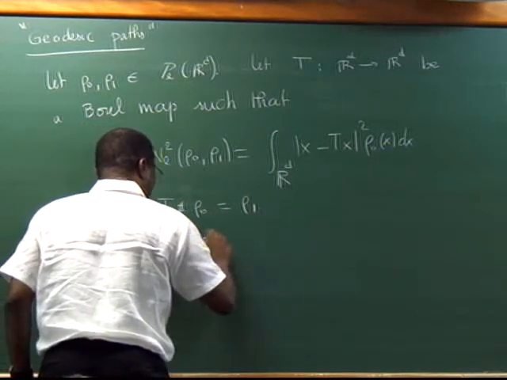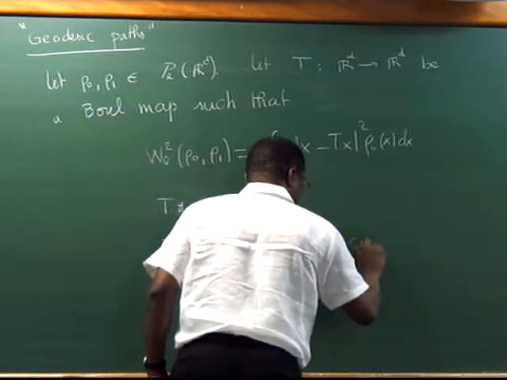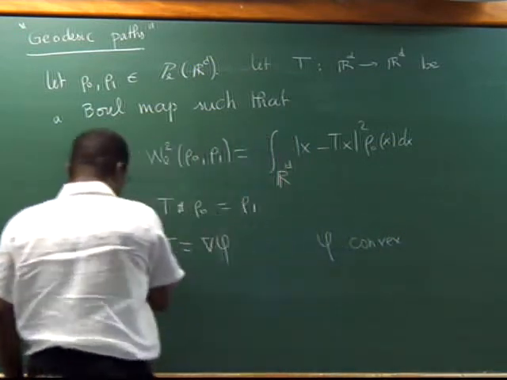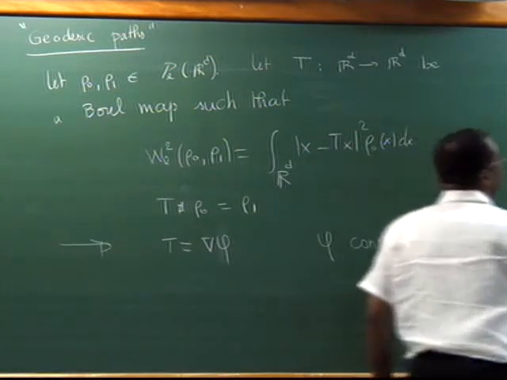And we know that T is the gradient of phi, where phi is convex. So that is important. As we will see in a few minutes, this is a crucial property, because convexity means the second derivative is non-negative.